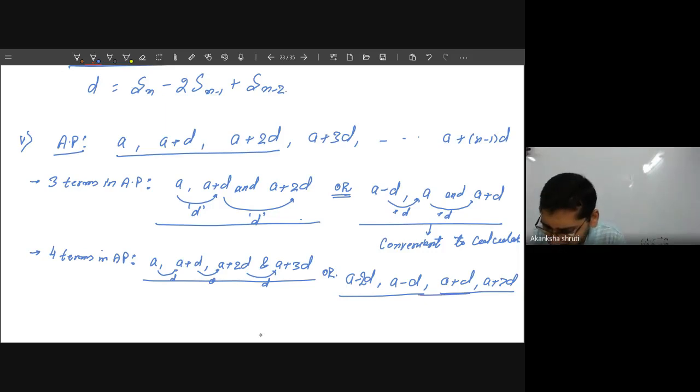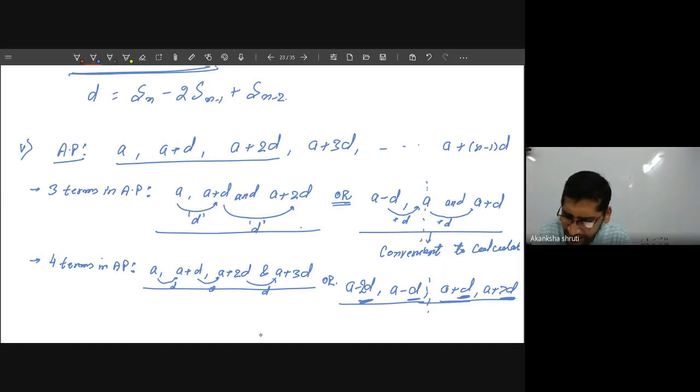Whatever is subtracted, D is subtracted here, the D is added here. 2D is subtracted here, the 2D is added here. It is symmetrical. The same symmetry is followed for the three terms also, where A is the symmetrical term. Something is being subtracted, something is being added, so that the calculation becomes simpler. While adding their squares, that will get cancelled. While doing the product, that will catch the identity.